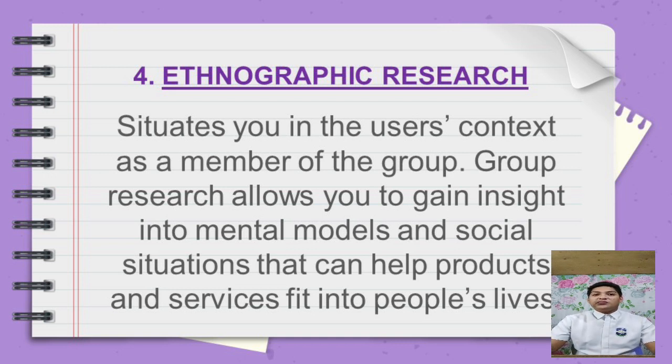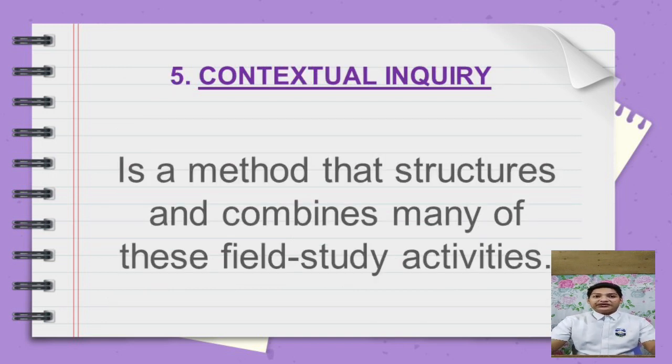It provides an in-depth insight into the user's views and actions along with the sights and sounds they encounter during their day. It also provides the researcher with an understanding of how those users see the world and how they interact with everything around them. And lastly, we have number five, contextual inquiry.